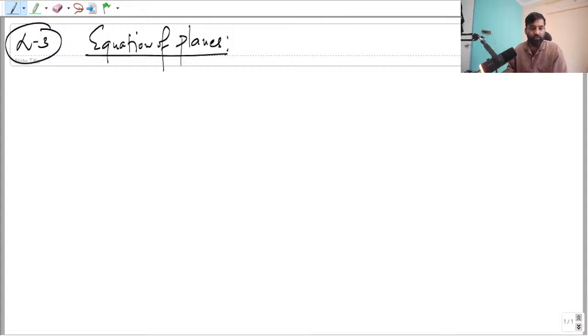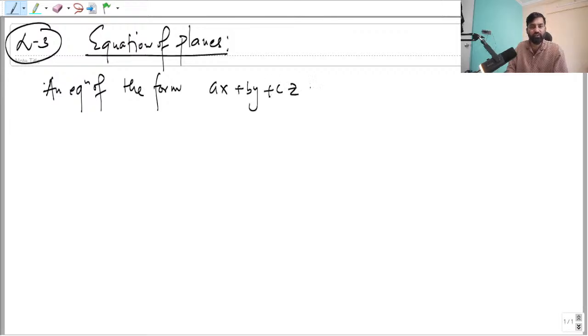You should know the general equation of a plane. We have to recall what the form of the equation of a plane is. An equation of the form ax + by + cz = d is nothing but the equation of a plane.